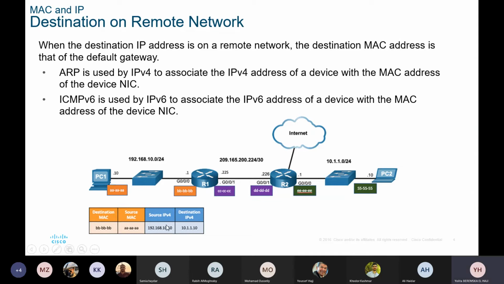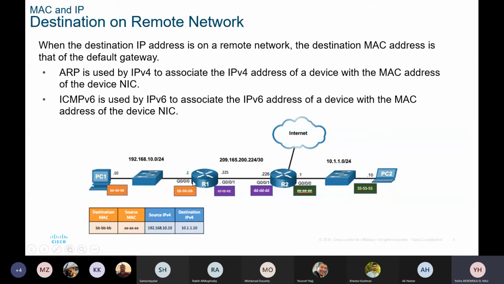It means that there is no matching, and because there is no matching, PC1 will know that this end device is on another network. It is going to send this message to the default gateway. So as a destination, it will take the MAC address of the default gateway interface that is connecting this local area network.